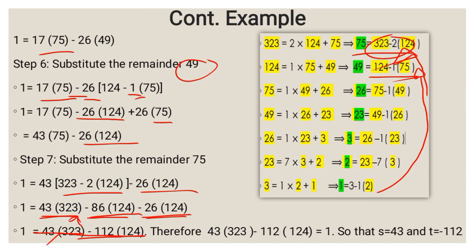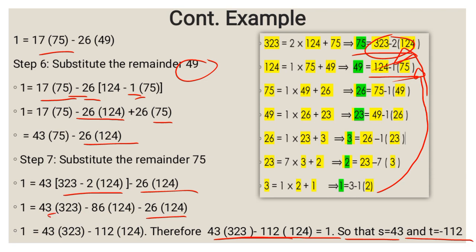You know what this is? This is A. Right here is A. This is B. Right here is B. It means I found my S and I found my T. So this is the same. Basically, this is equal to 1, remember? So I just rewrote it like this. So we found S to be 43, and we found T to be minus 112.